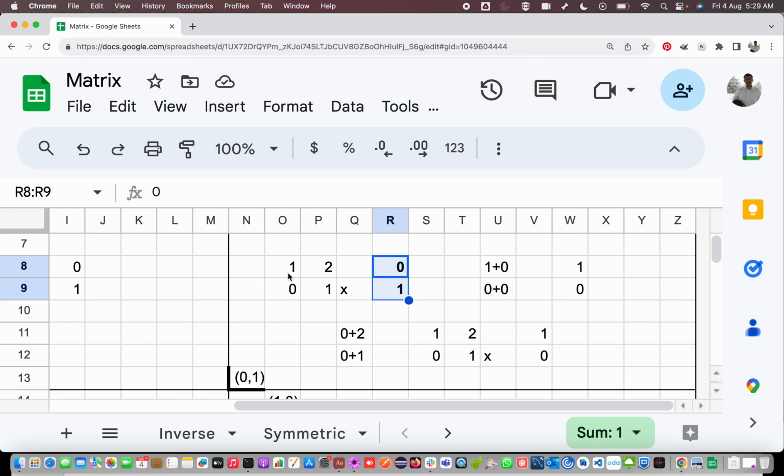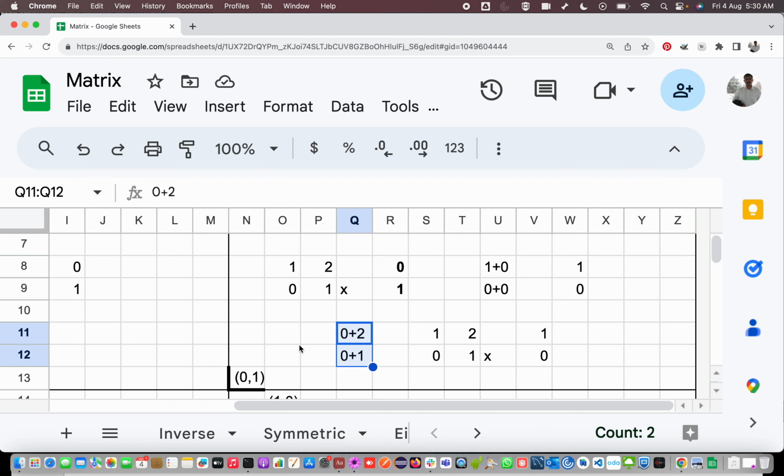Now for this transformation matrix, this is my 0 comma 1. If I multiply it, 1 into 0 is 0, 0 plus 2 is 2, 0 plus 1 is 1. So this will become 2 comma 1, correct? So 0 comma 1, the y-axis, becomes 2 comma 1.